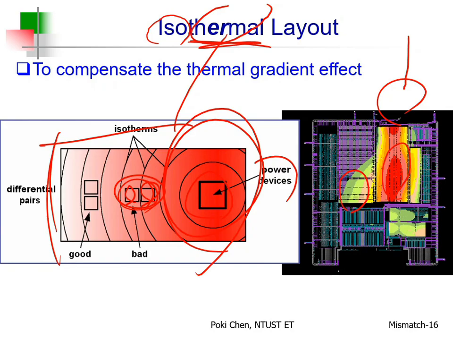So they had better be located at the so-called isotherm, 等温线. Alright? If you remove the AL, then it will become a noun, 变成名词. So according to the isotherm, that is what you need to do for layout to match those two critical devices.